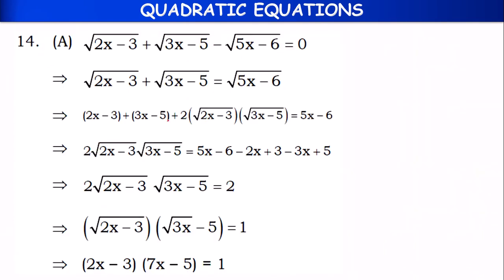So this is the given equation, children: root of 2x minus 3 plus root of 3x minus 5 minus root of 5x minus 6 equal to 0. Let's take this one to the RHS part. Then we will have root of 2x minus 3 plus root of 3x minus 5 on the LHS side equal to root of 5x minus 6 on the RHS side.